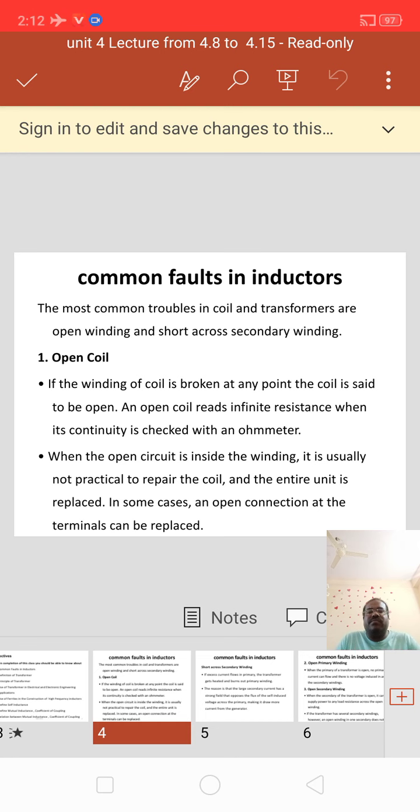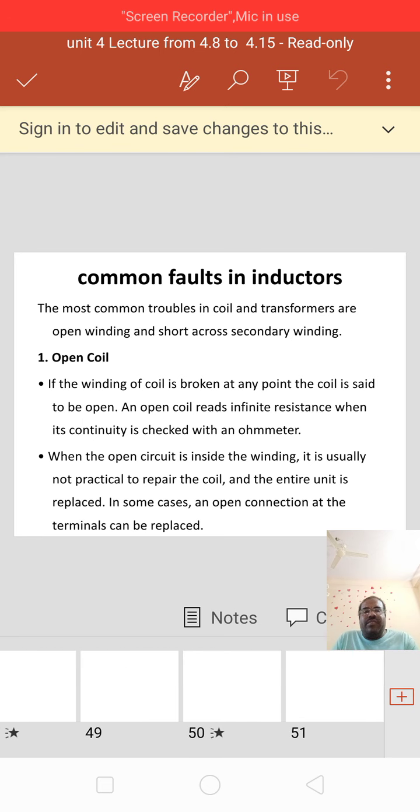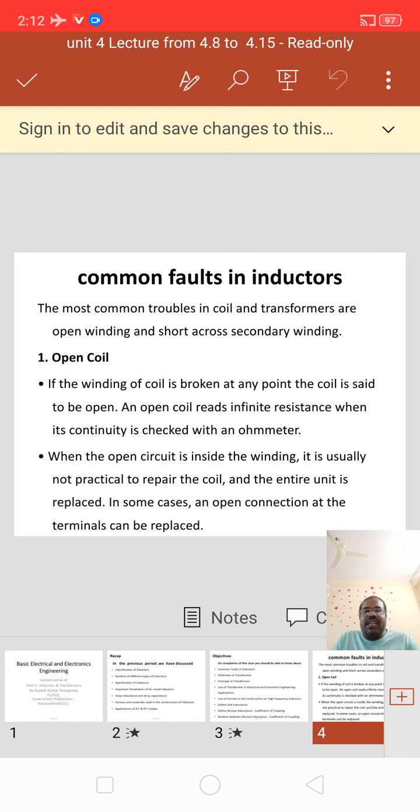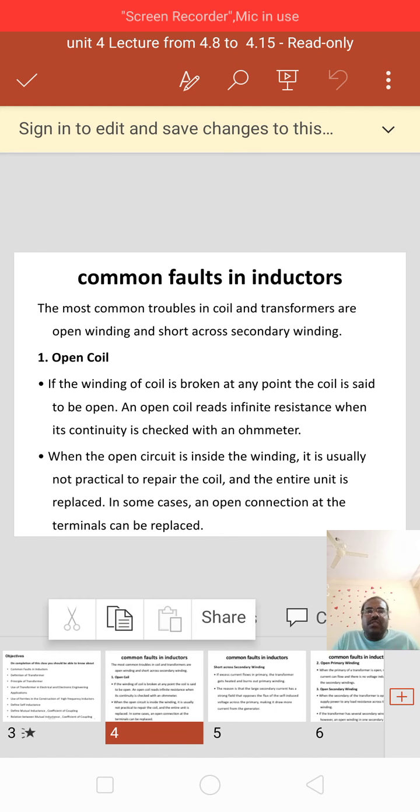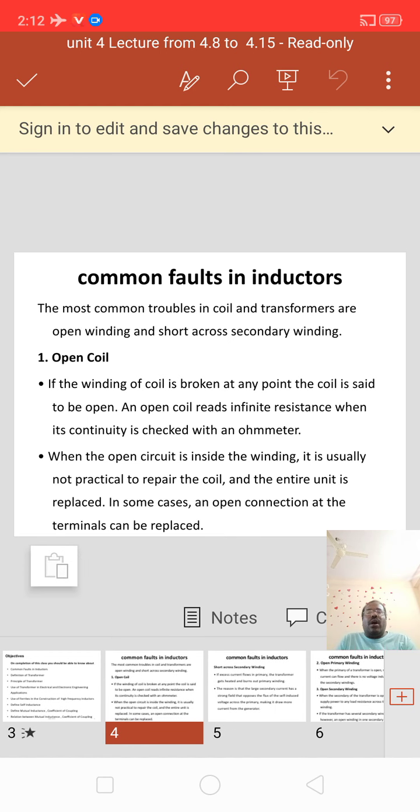Open coil, first one. If the winding of coil is broken at any point, the coil is said to be open.